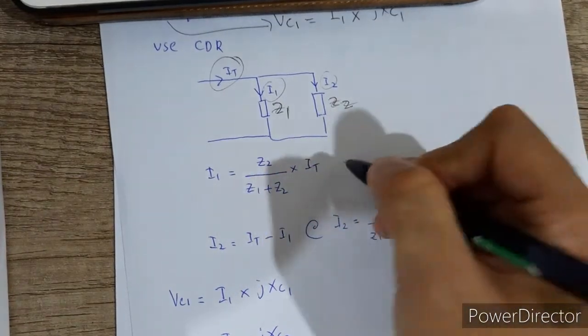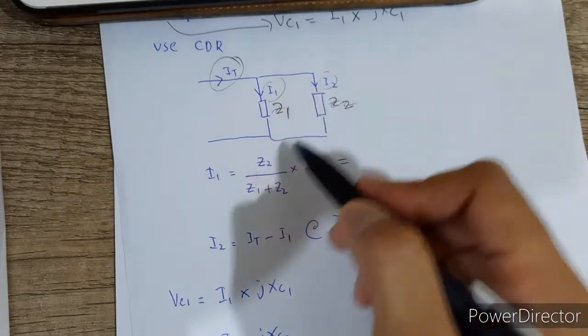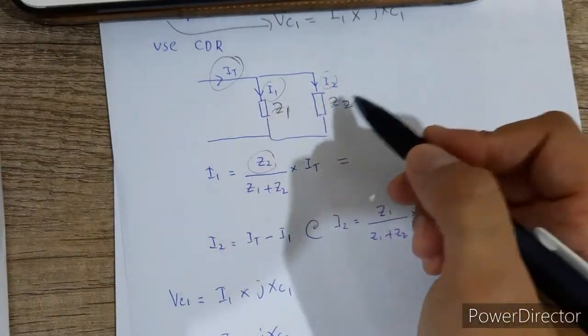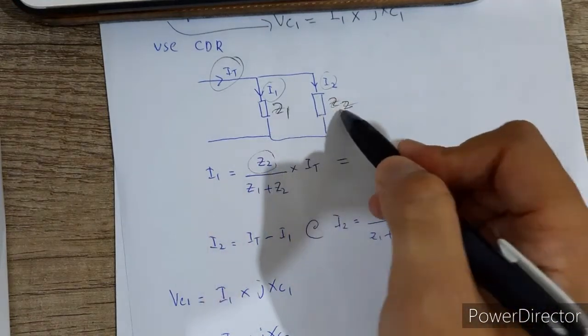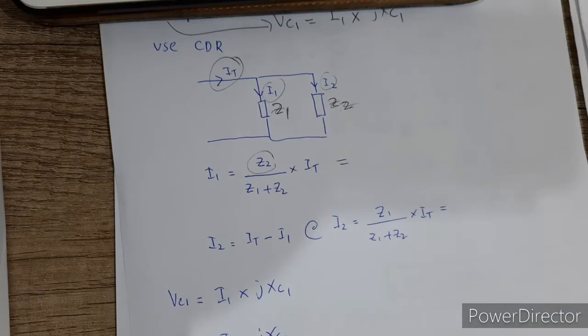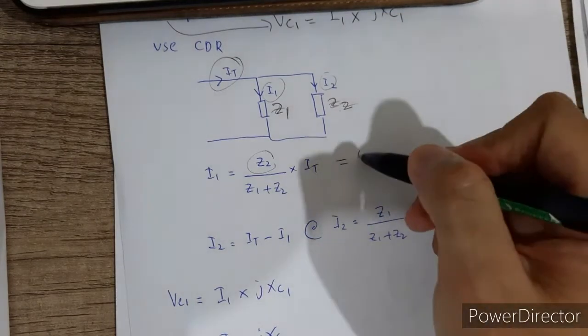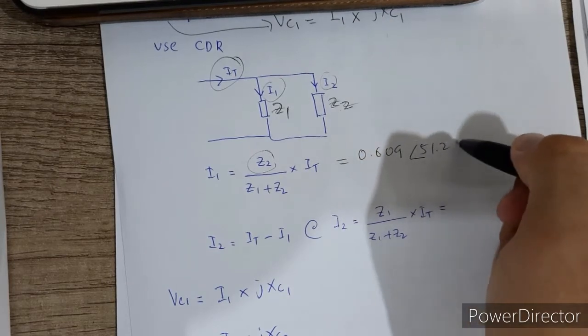To determine I1, you have to put the adjacent impedance on top, which is Z2. Then you will get I1 equals 0.609 with angle of 51.24.